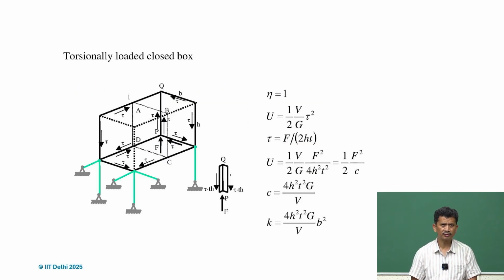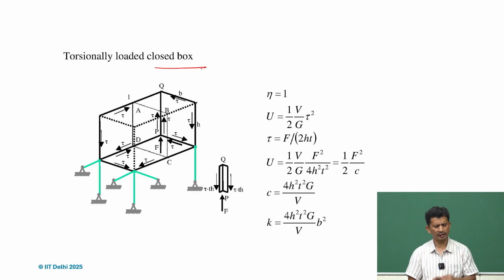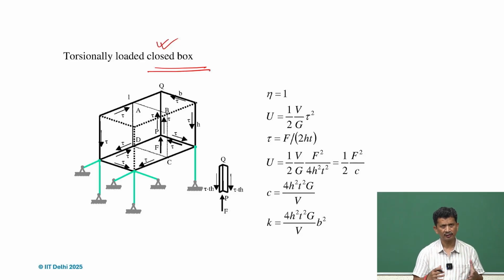Now next is the box. So many times we use thin sheets, but then we also try to understand the stiffness of a box kind of structure, and what if it's closed. If it's closed, what we realize is that it is closed from all the sides.